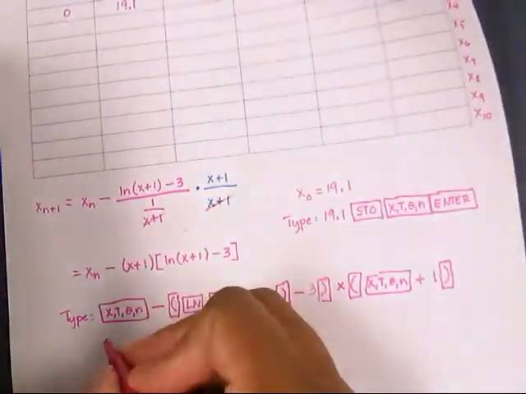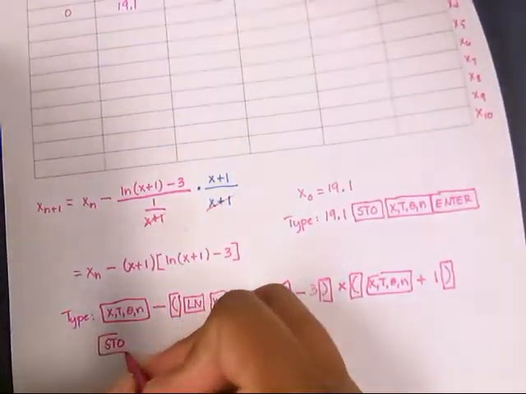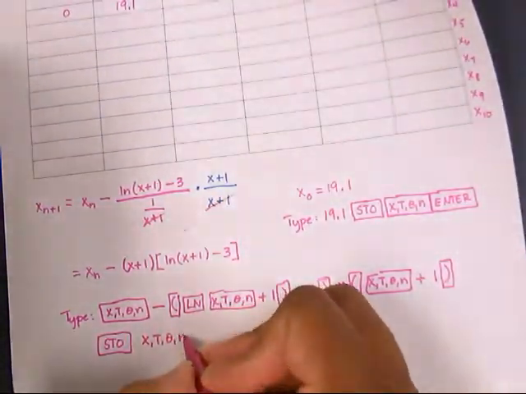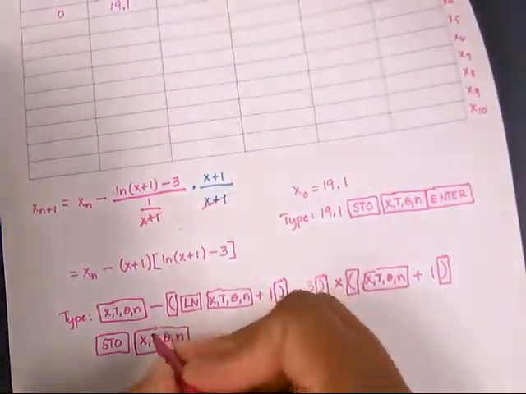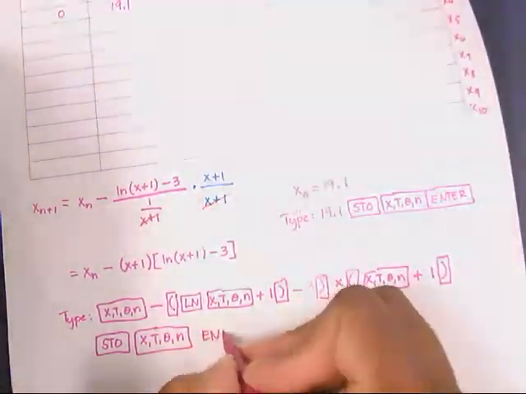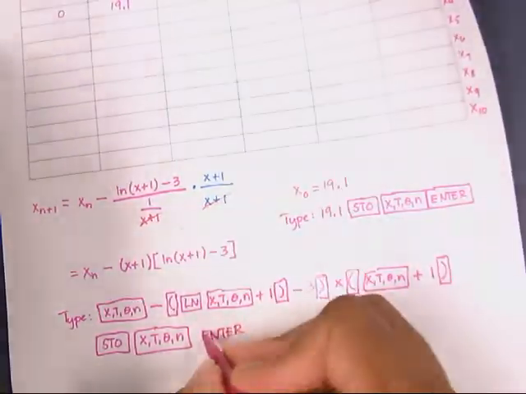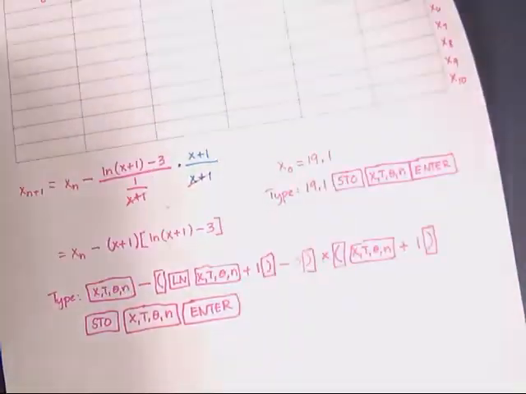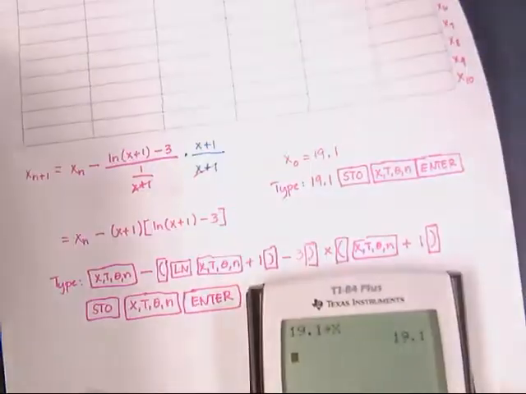And then after that, you're going to STO to store that, and then press X,T,theta,n, and then press enter. Okay. So these are the keystrokes that I'm using here.